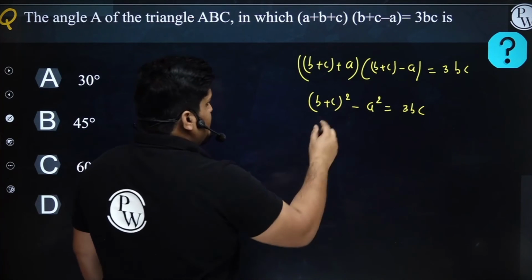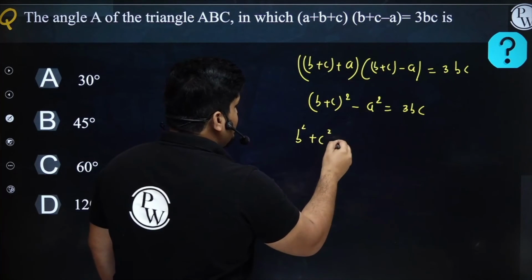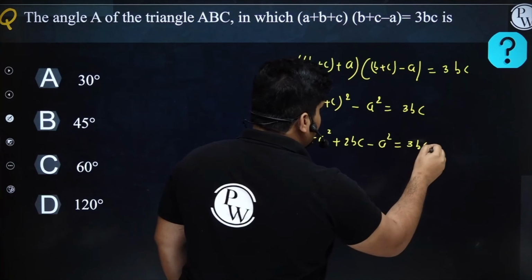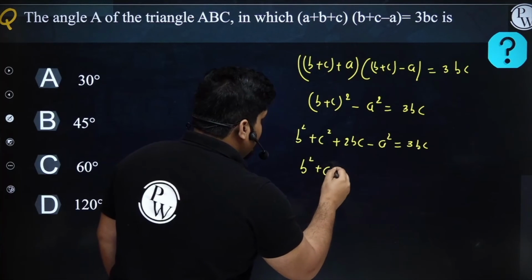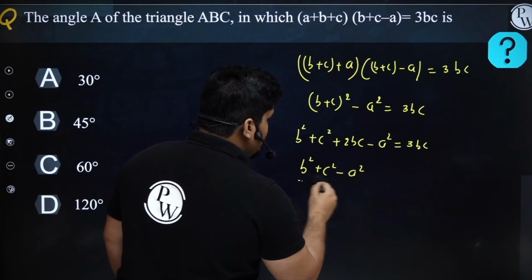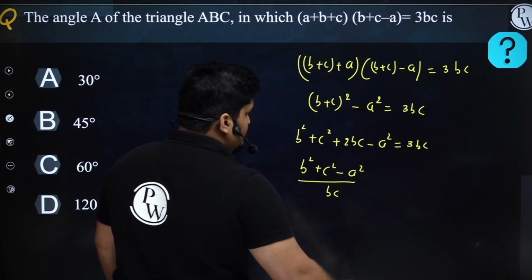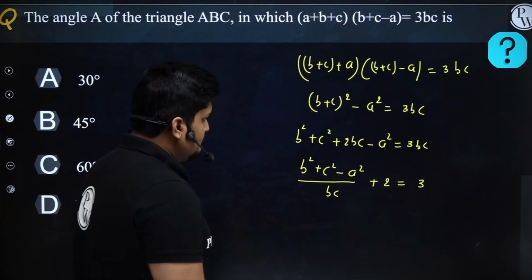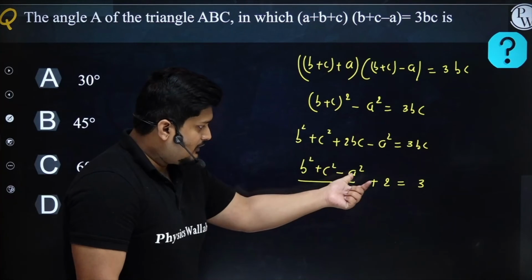Correct? So expand it. B square plus C square plus 2BC minus A square is equal to 3BC. So we can write it again, (B square plus C square minus A square) divided by BC plus 2 is equal to 3. Right?